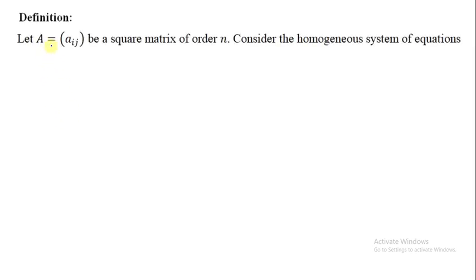Definition: let A be a square matrix of order n, construct the homogeneous system of equations A x equal to lambda x, this one same as A minus lambda I x equal to 0. Homogeneous system.